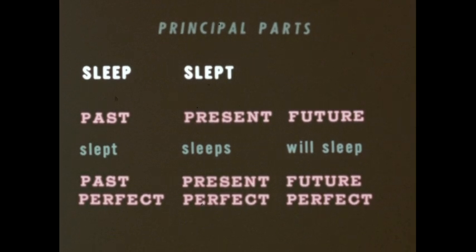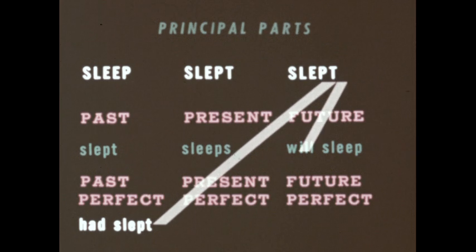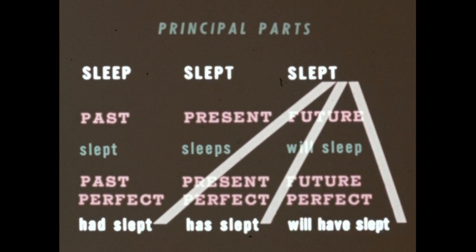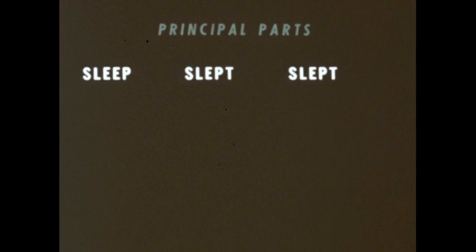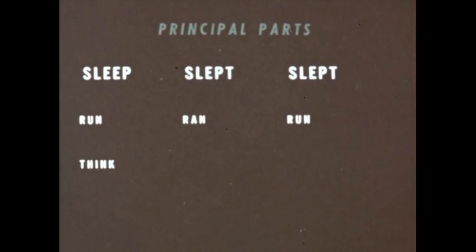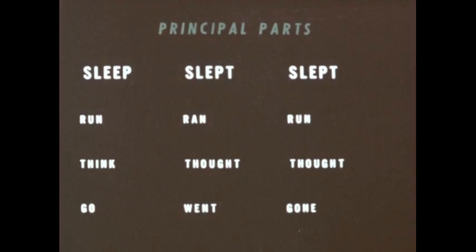The third principal part, again slept, is used in forming all the perfect tenses. It almost always appears with an auxiliary verb. This form of the verb is called the past participle. And so we have the principal parts of the verb sleep. For every verb, there are three principal parts. And for most of the more common verbs, you'll want to memorize these parts.